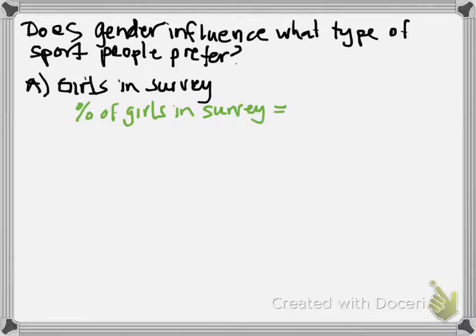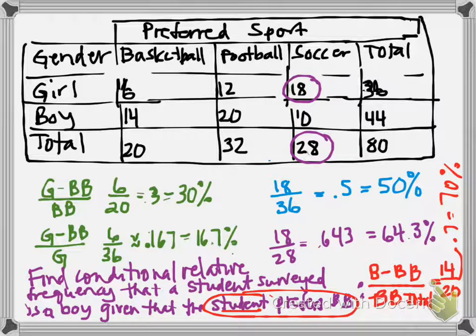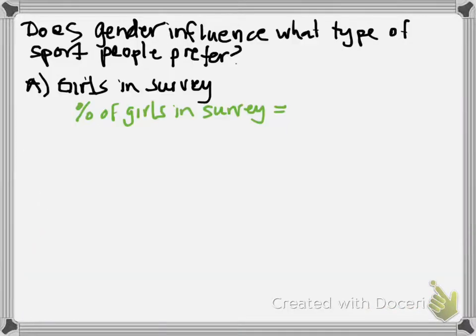So if we look back at our chart, how many girls were in the survey? There were 36. How many people were in the survey? 80. So we take the number of girls in the survey over how many students were in the survey. This works out to a nice 0.45, which gives us 45%.